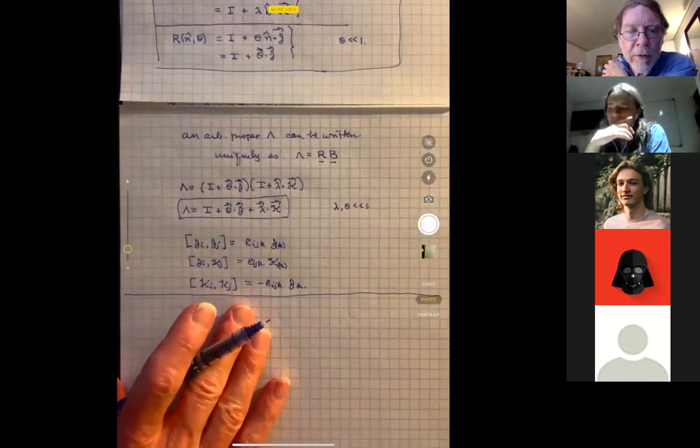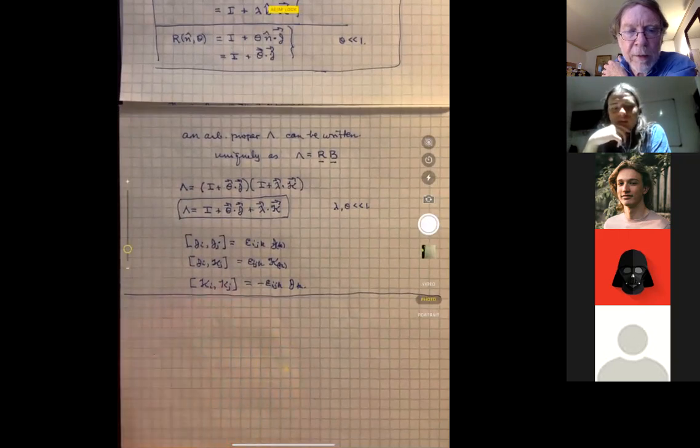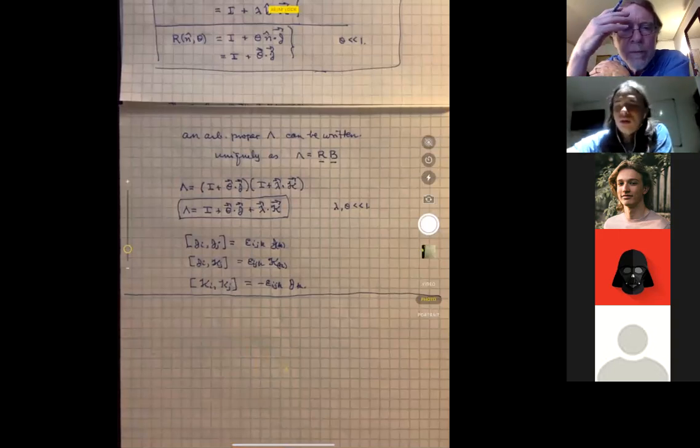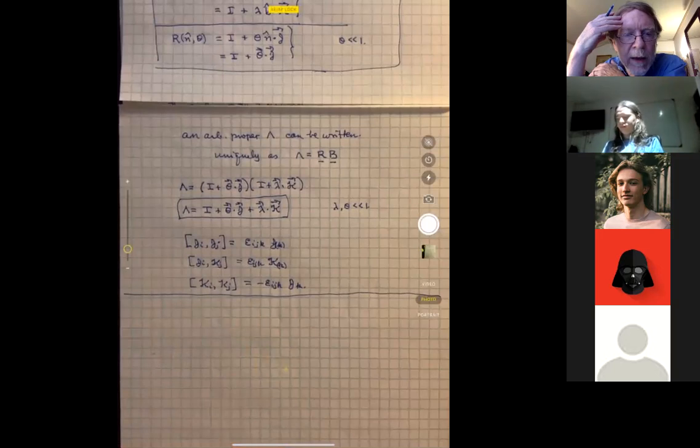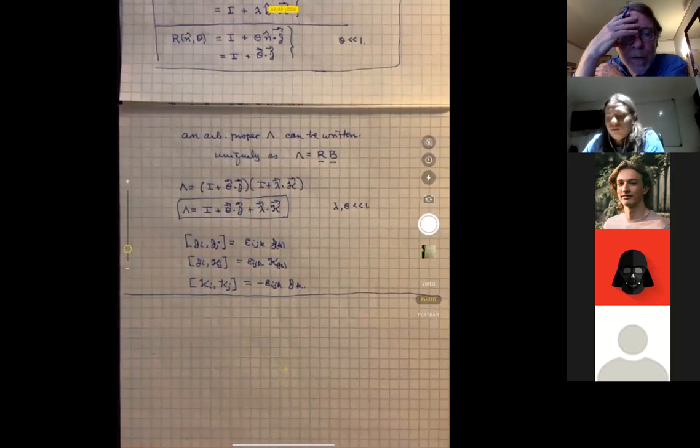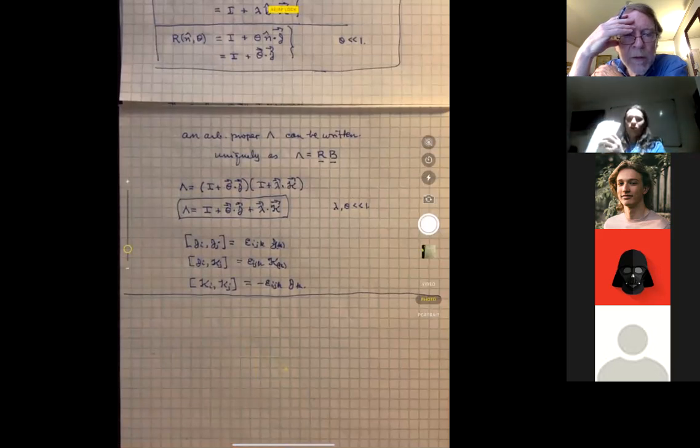Now, this, however, is not a covariant description of infinitesimal Lorentz transformations, or of Lorentz transformations in general. The reason being that the decomposition of a Lorentz transformation, I'm speaking just of proper ones, we're leaving time reversal and parity off to the side for the time being, into a rotation and a boost is something that depends on the frame.